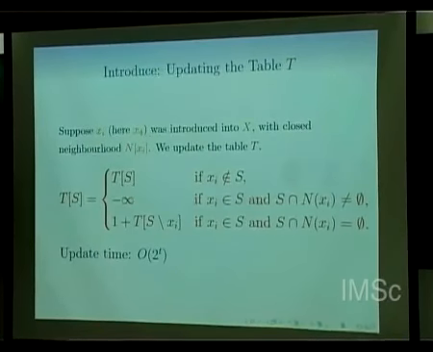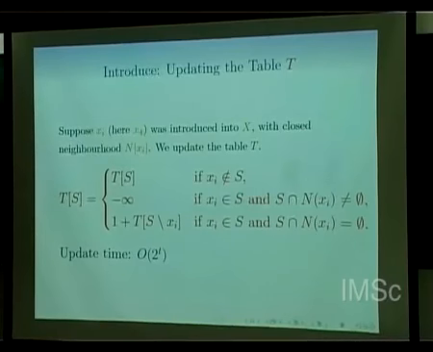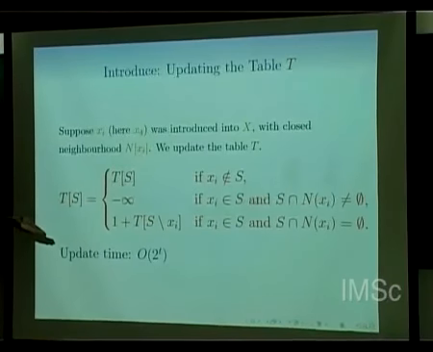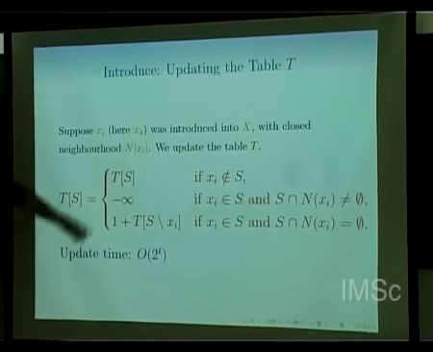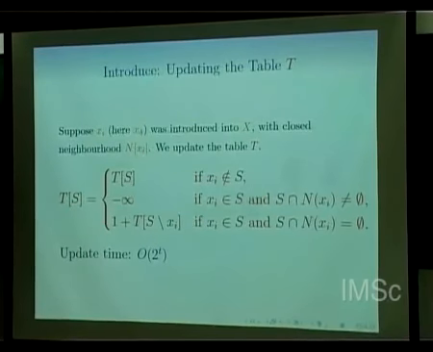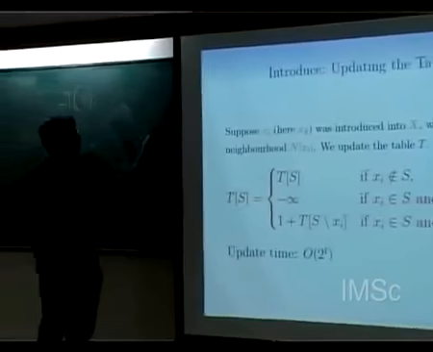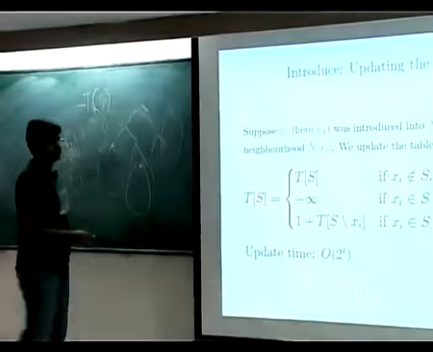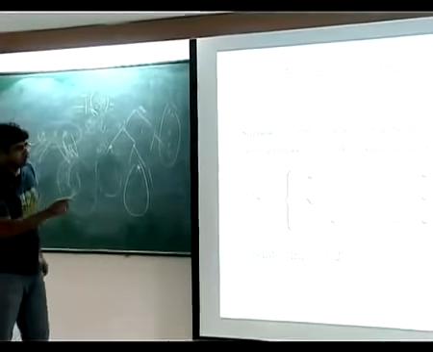Second, now this newly introduced vertex is in S, but it has some neighbors in S, right? Then we put minus infinity, because how can an S having an edge among themselves be made into a big independent set, right? So we put minus infinity. Now we have the case where we have S, this is our x4, and look at the other vertices.